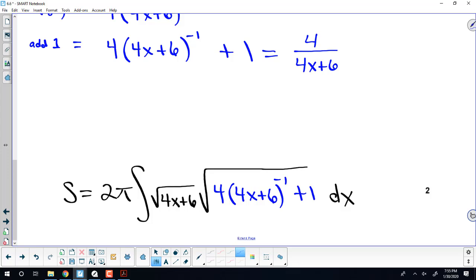So when I add 1 to this, I add 1 by adding 1 like this. And in that way, the thing under the radical now is 4x plus 10 over 4x plus 6.